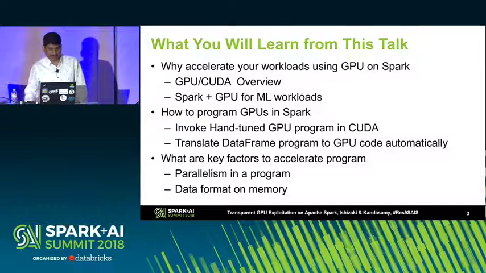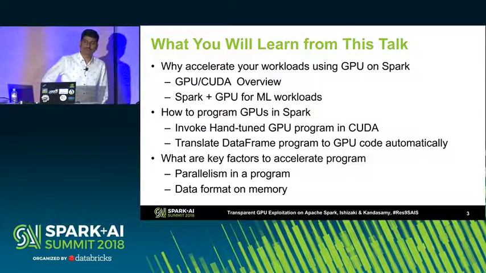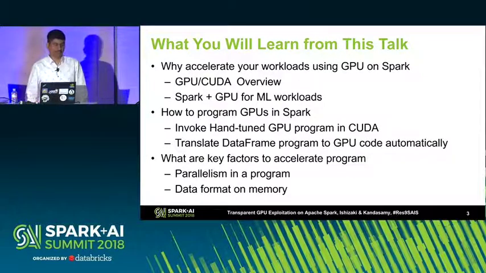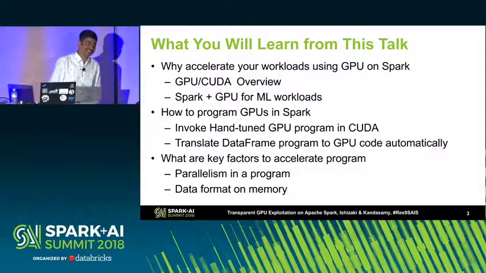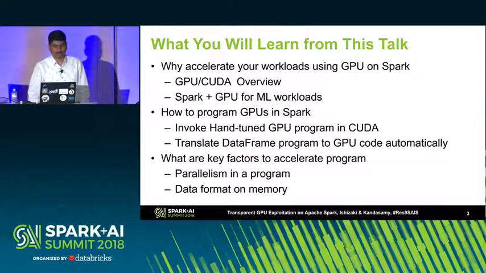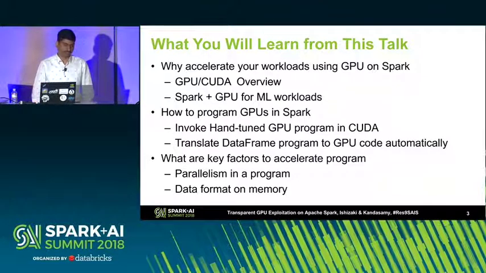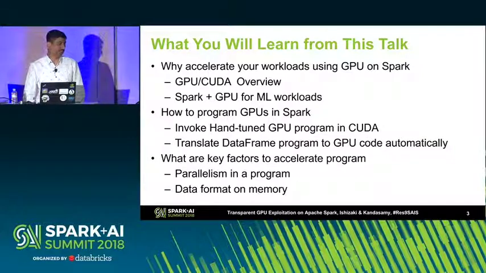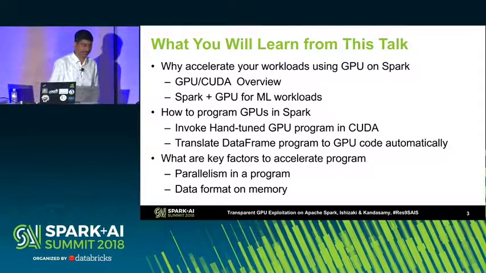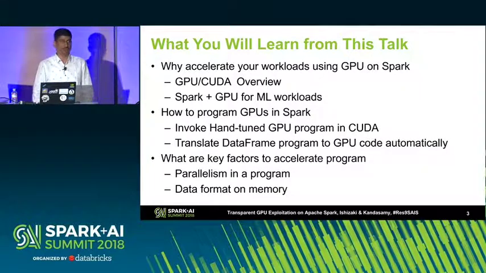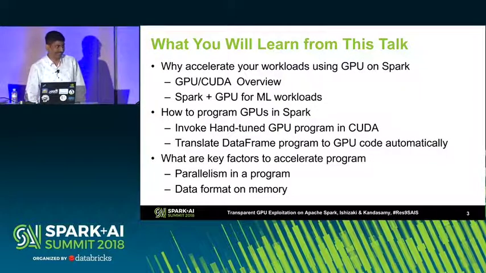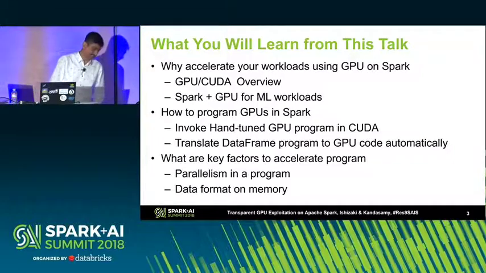So here is a detailed agenda of what we are going to talk about. We will start with why we need to use a GPU for Spark. Then we go on to how we use our software packages to easily exploit GPUs in Spark workloads. We have two options. One is to load custom-developed CUDA. Suppose you developed a CUDA program and you want to use it in a distributed Spark manner, then you can use one of our packages to easily implement that.